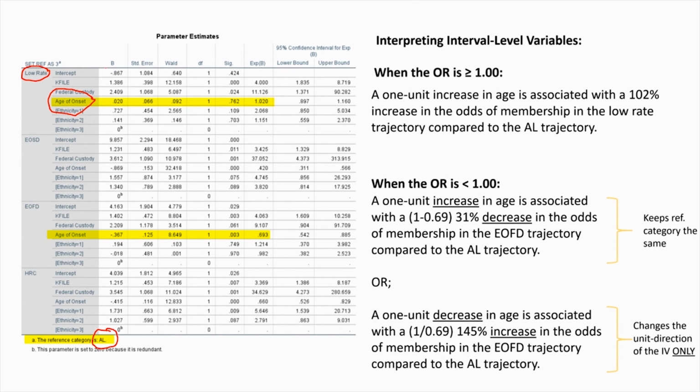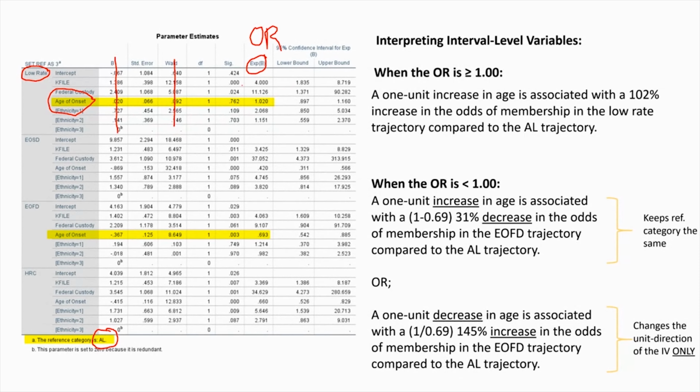So what I saw from assignments was that students were often reporting or looking at the B coefficient, or the log odds, or the Wald coefficient. Don't worry about either of these for the purposes of the term paper or the final exam. What you're interested in is exponentiated B, which is also the exact same thing as an odds ratio.